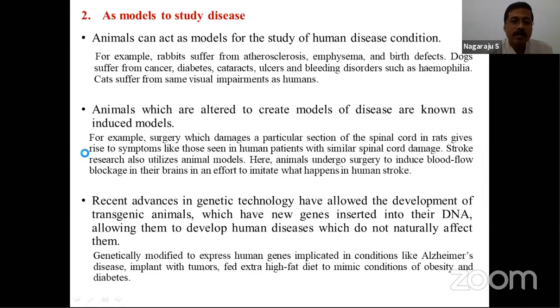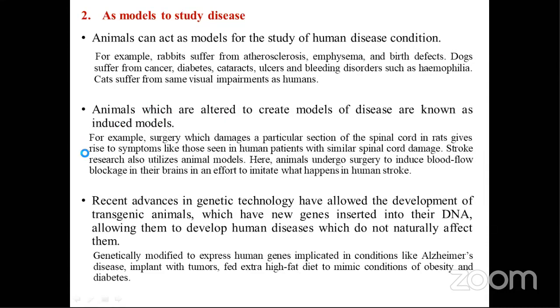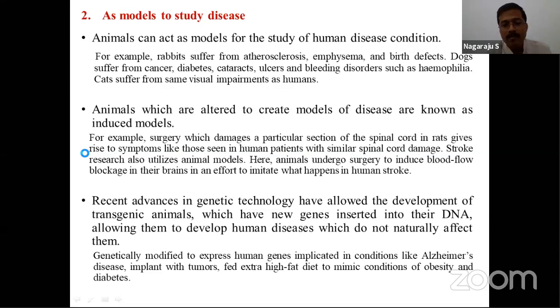So I can find some disease conditions in animals, and in some animals I can also induce some disease condition, so that the response from the animals will be similar to that of human patients. For example, surgery which damages a particular section of the spinal cord in rats gives rise to symptoms like those in human patients.